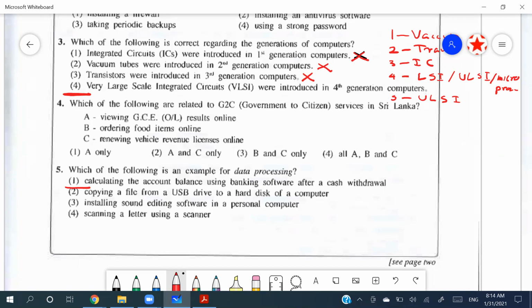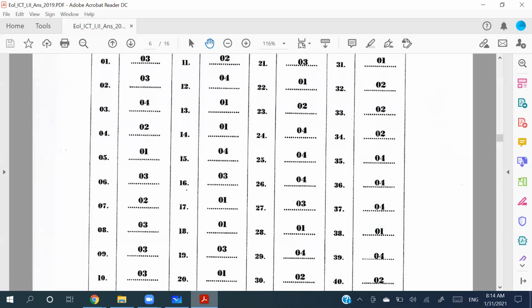The processing happens somewhere else, right? So I know it's tricky, but you have to take the point that in calculating account balance, some process is going on. So for the fifth one, the first one is the answer.